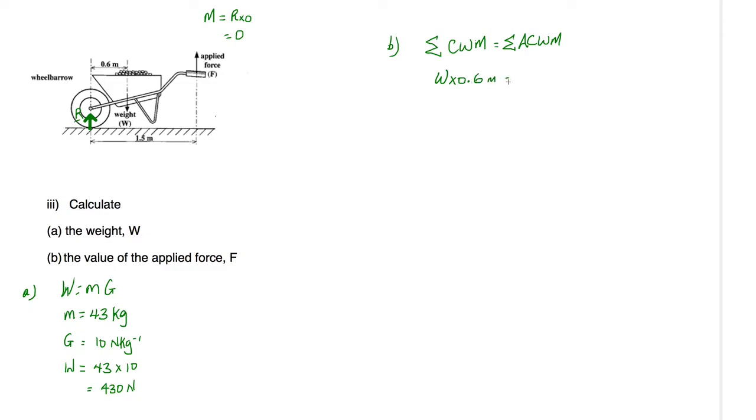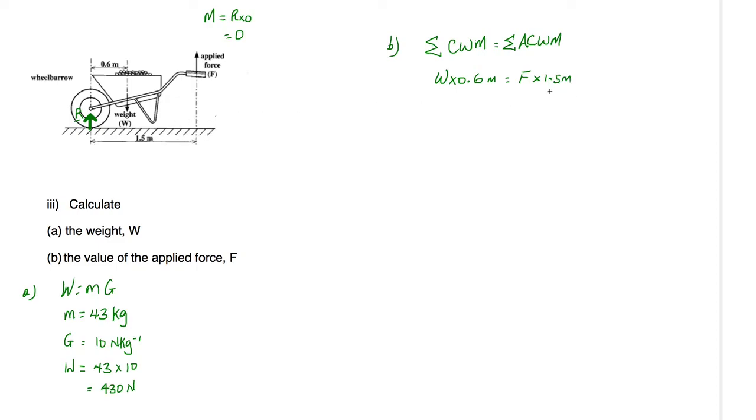So that's equal to this, and this applied force F is providing anti-clockwise moments. So we can calculate that by multiplying F times the perpendicular distance between F and the turning point. So this would be F times 1.5 meters. So that's this distance we're interested in here.